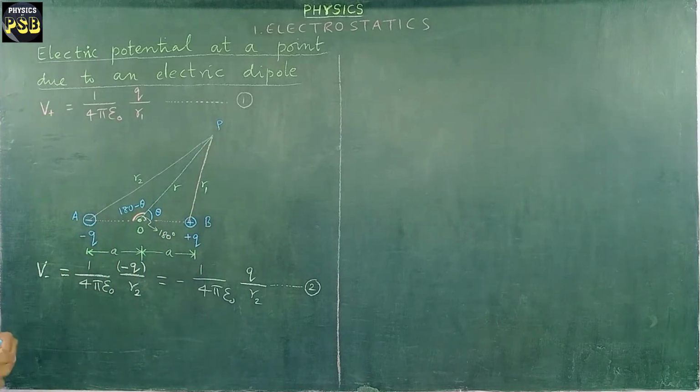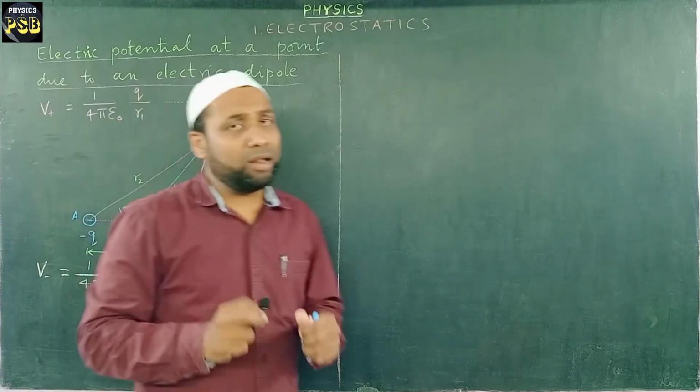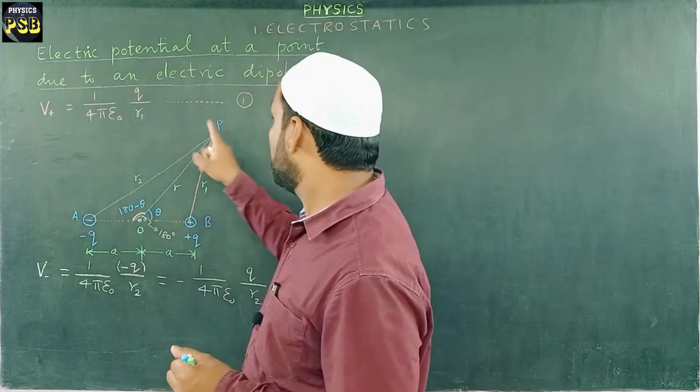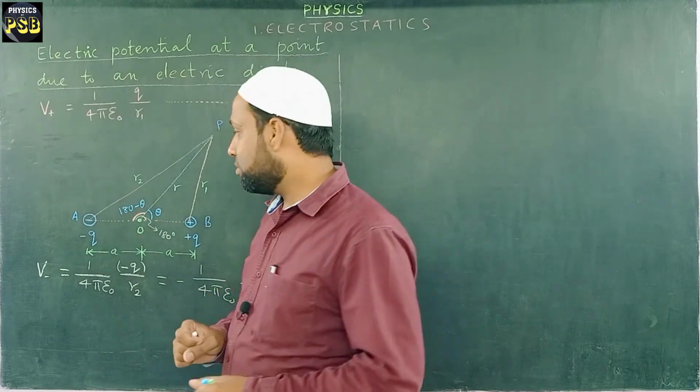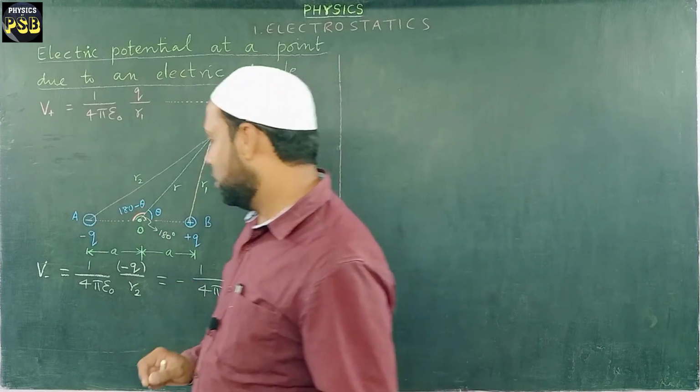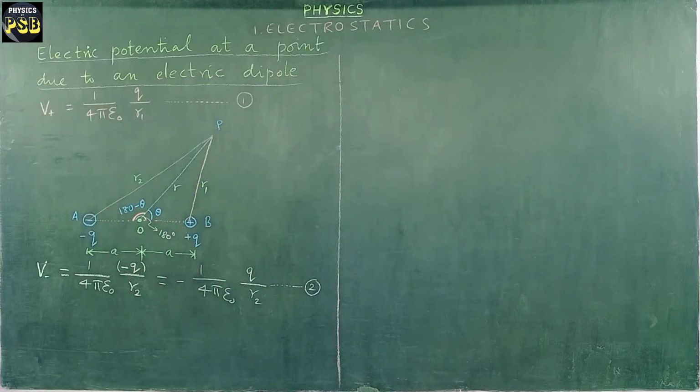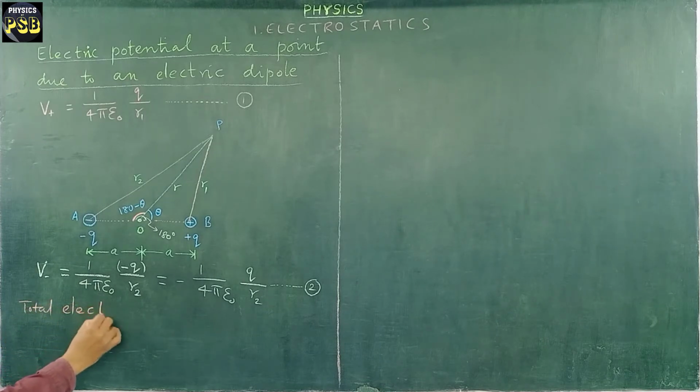Now I will find out the total electric potential at point P due to this electric dipole. Let's do that. For this, I take the total potential. Write it here: total electric potential.